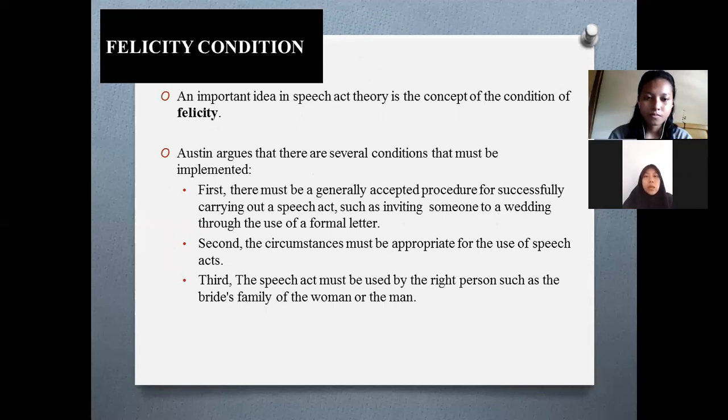Second, the circumstances must be appropriate for the use of the speech act. Third, the speech act must be used by the right person, such as the bride, or the family of the woman or the man.